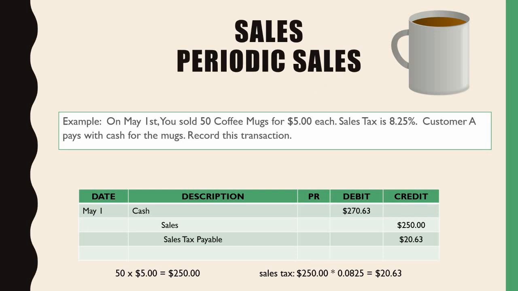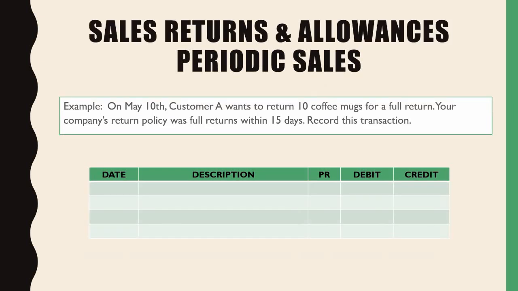So in this case, I sold a total of $250. I multiply that by 0.0825, and that's going to give me $20.63 that actually goes to tax. Okay, so overall, I should be collecting from my customer $270.63. Okay, all right.